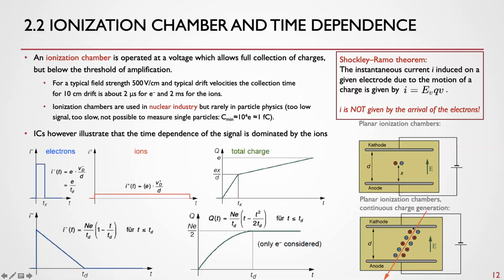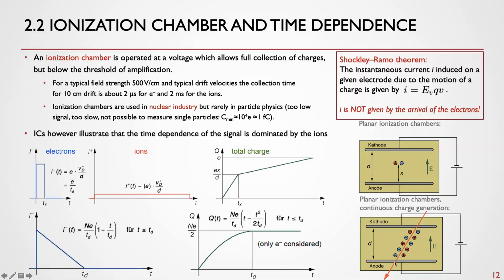And now all we have to do is assume that the ionization deposit is constant across the particle's track, and integrate. So if you integrate the currents for different values of x, you'll get the triangular shape.